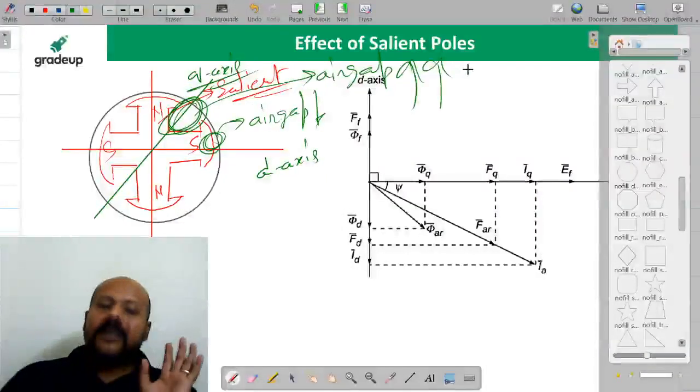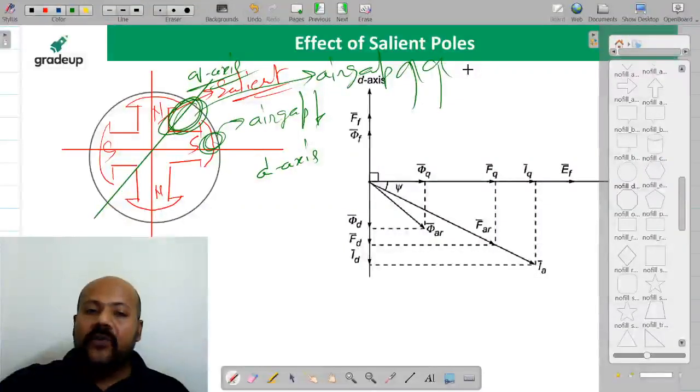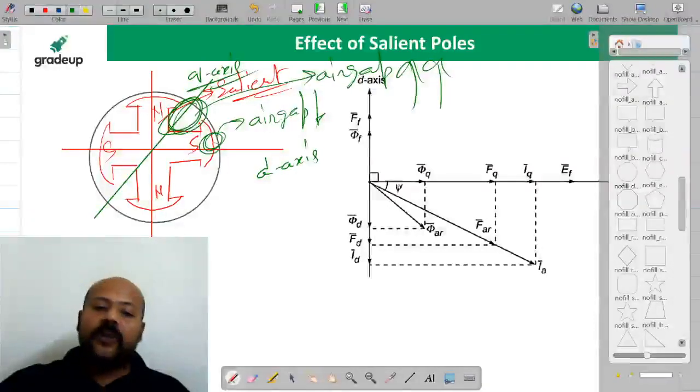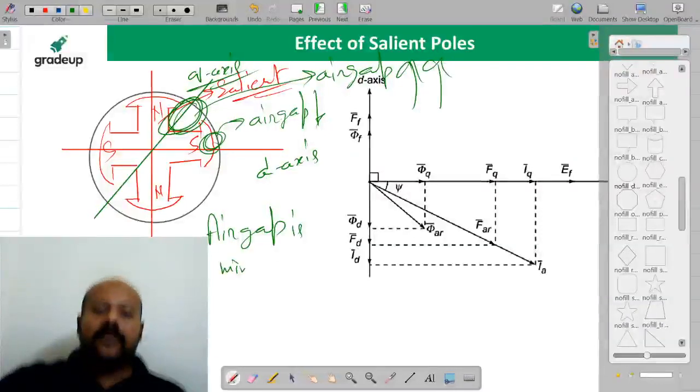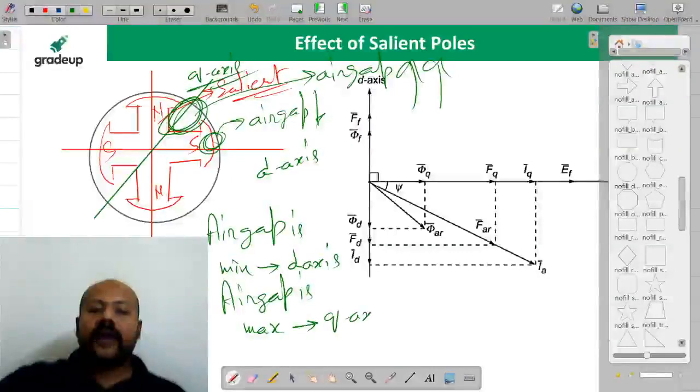So what is the point I want to make here, beta? If you are going for a salient pole rotor, the air gap is not going to be constant. Air gap is minimum along the D axis and maximum along the Q axis.